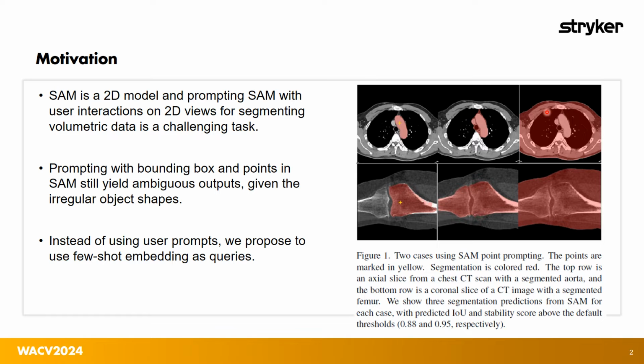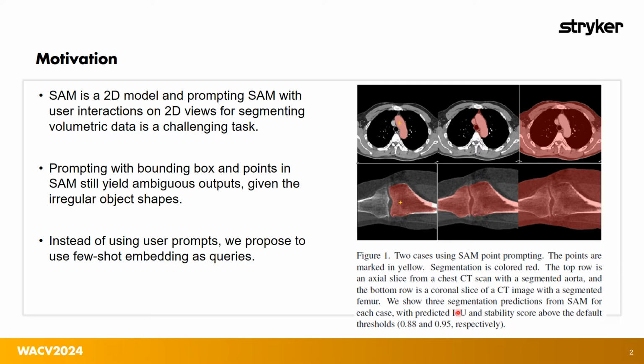And you probably already know that SAM provides a way for you to filter out the bad segmentations. Instead of three segmentation outputs, SAM also outputs a predicted IOU for each segmentation, and then there is a stability score that you can also use to filter out the bad results.